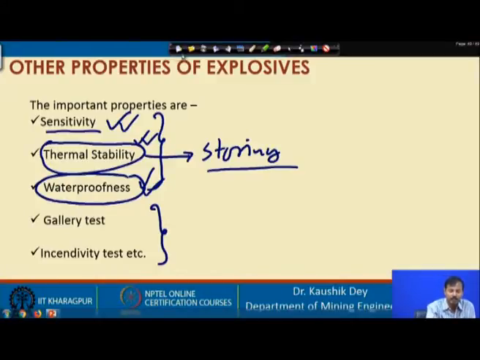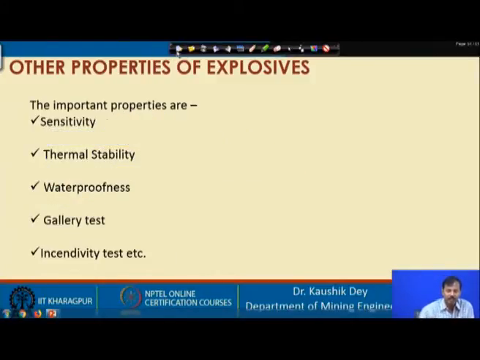So, these are important factors that have to be considered during the consideration of the explosive properties.